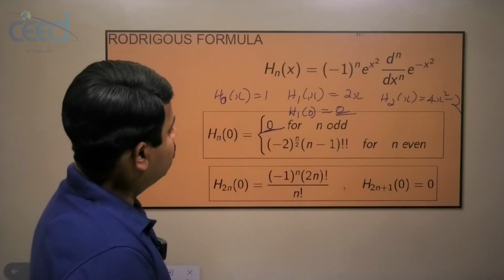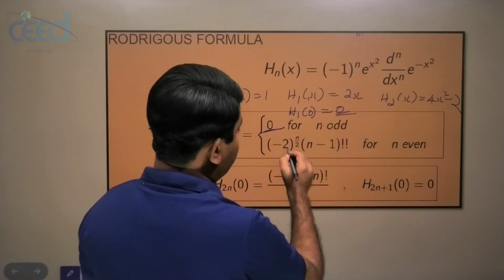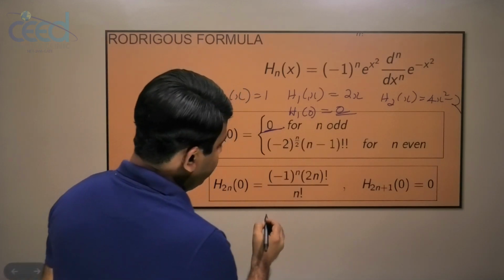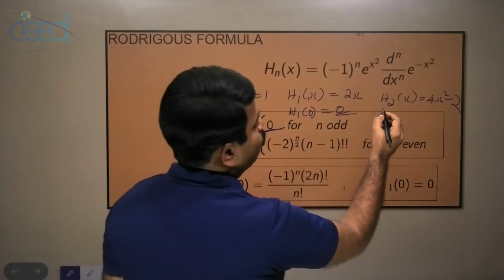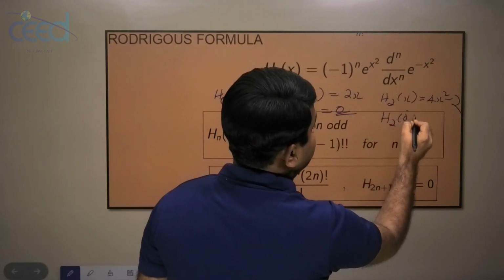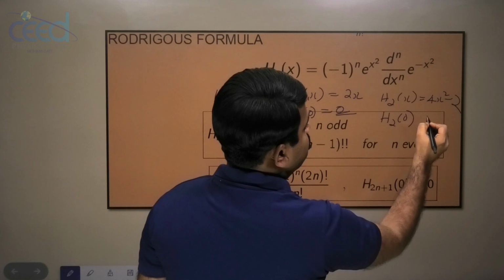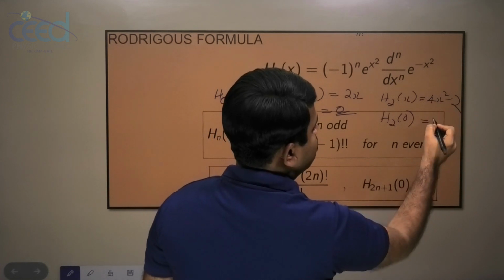Now if n is even, look, suppose I need to find h2 of 0. Here put 0, its value is minus 2.